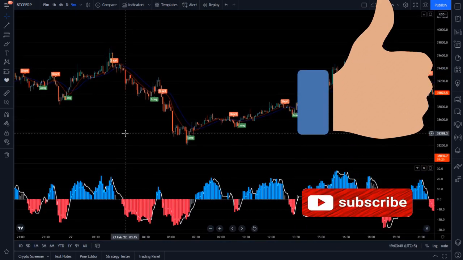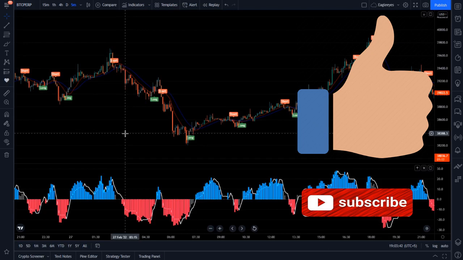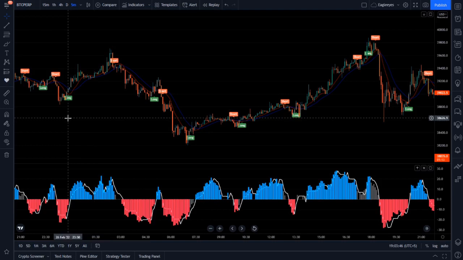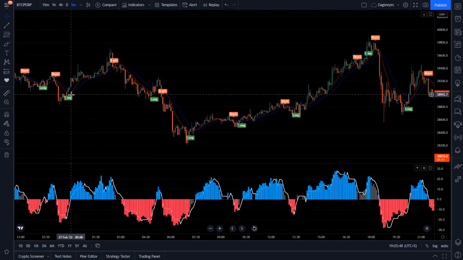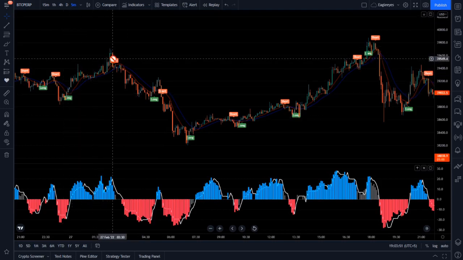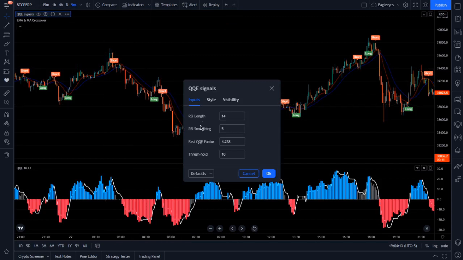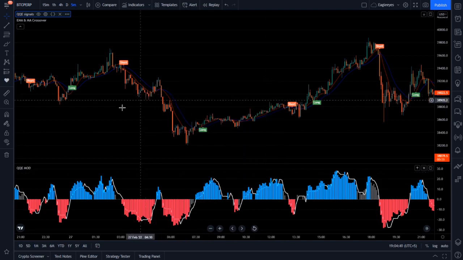Next we have to change the settings of these indicators. First of all, let me show you. Here you will click this one, QQE signals settings, and you will change these settings. We will change the smoothing to 6, the length to 18 and the factor to 10, and that's okay.